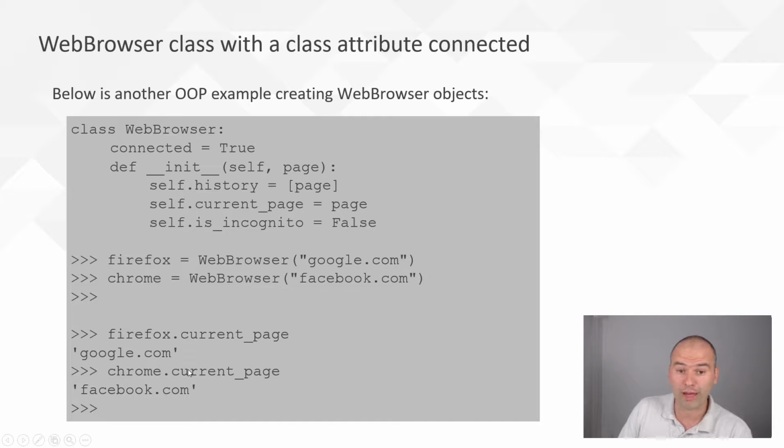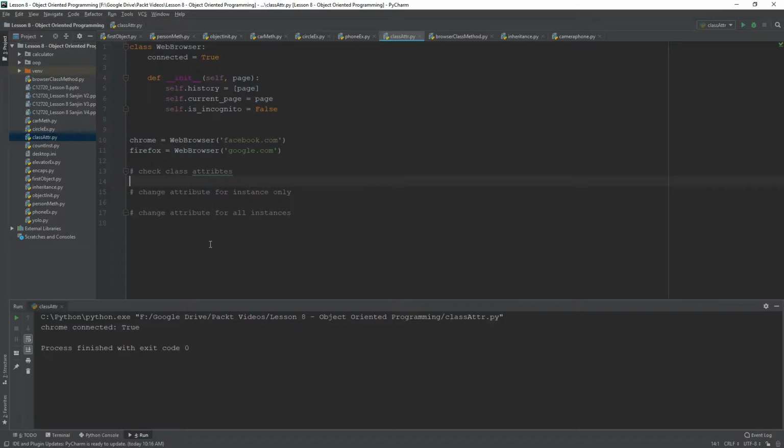And what we're going to do right now is go into code and have a look at that class attribute and how we can operate with it. So in this video, we're going to get hands-on with the web browser class, and particularly the attribute connected, because this is the class attribute, and it has the interesting properties of class attributes.